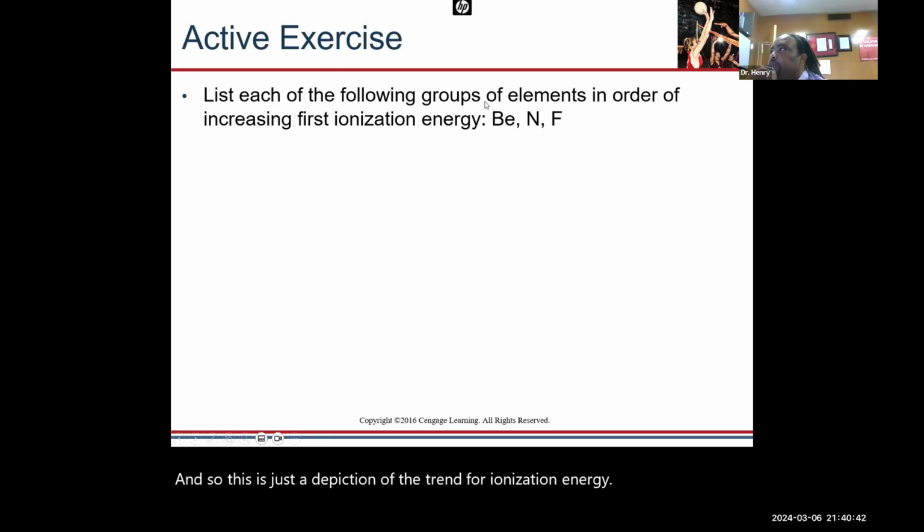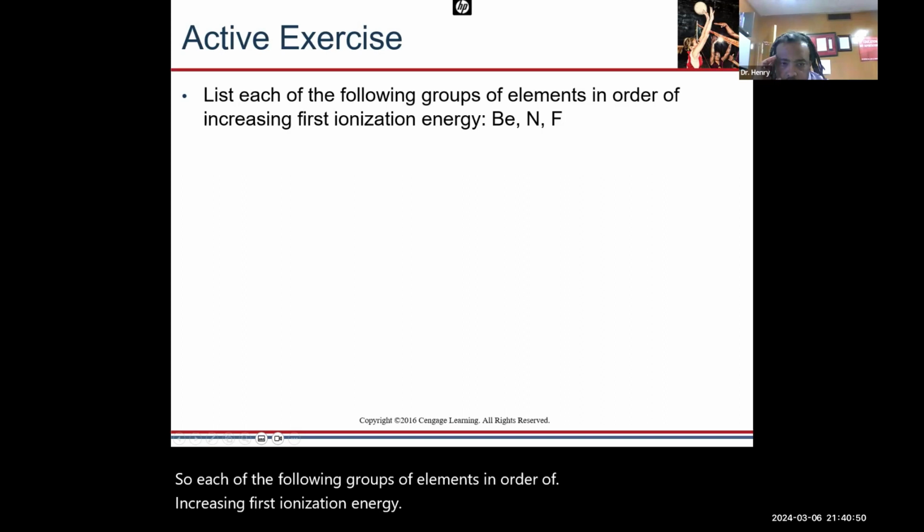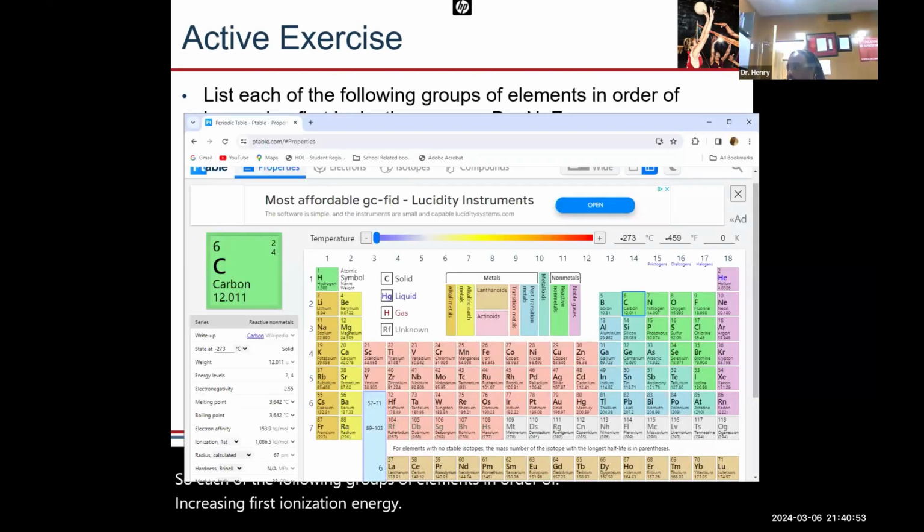List each of the following groups of elements in order of increasing first ionization energy. So going from biggest to smallest?